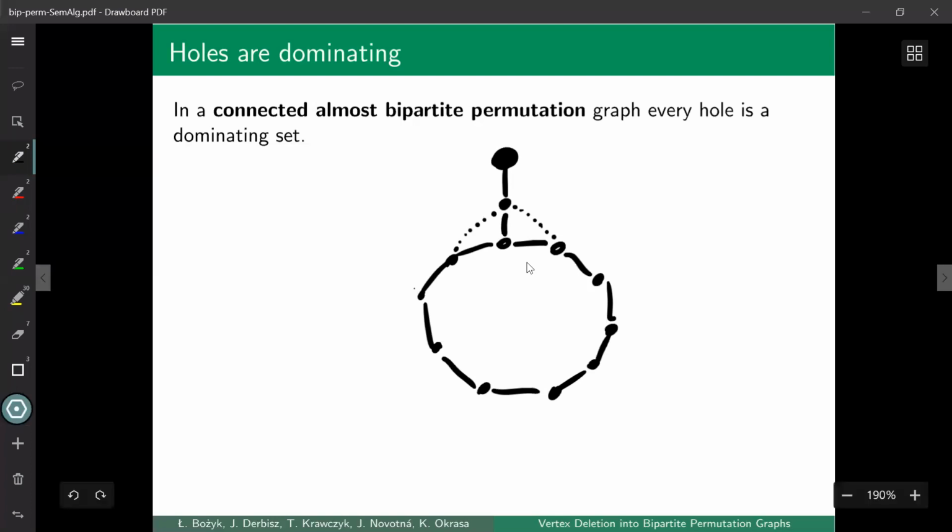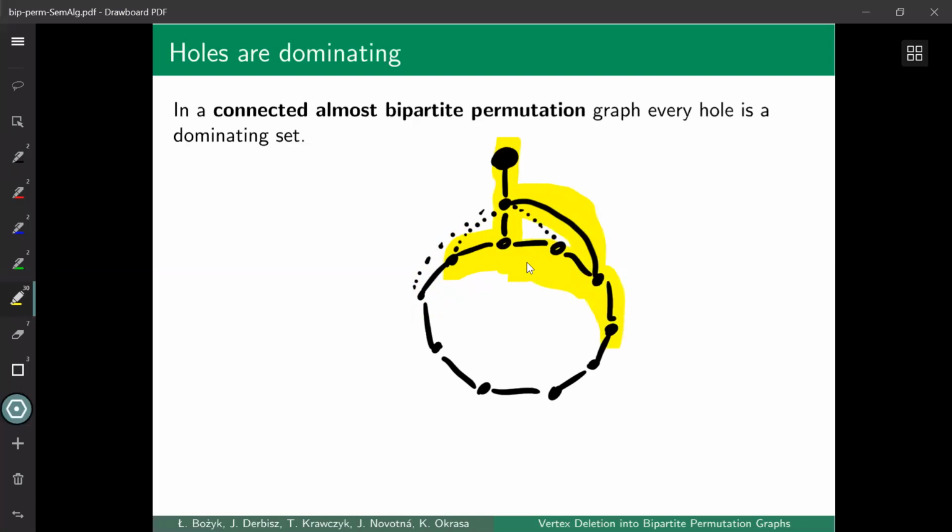And now either we don't have any of the two edges and we find a forbidden structure here, which is this T2, a 7-vertex graph, or we have at least one of those edges, say this one. And now we can find this forbidden structure here. This is a square with 3 hairs, say. So if we had such a distant vertex, it would yield a forbidden structure. So holes are dominating.